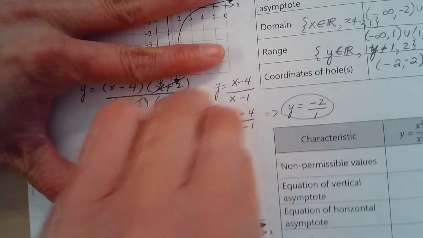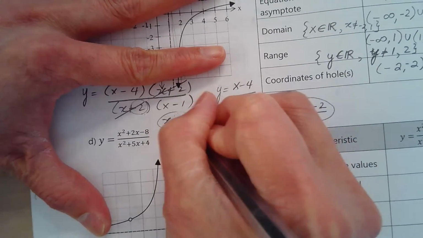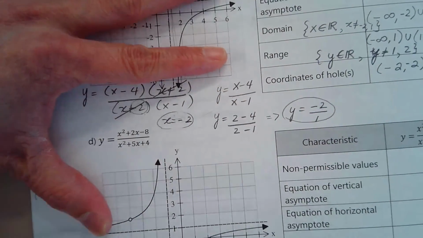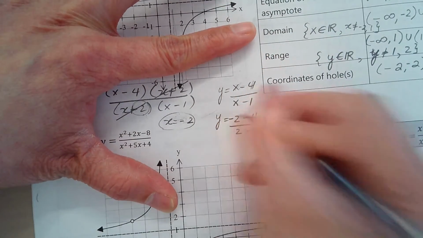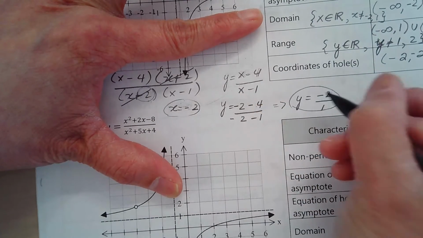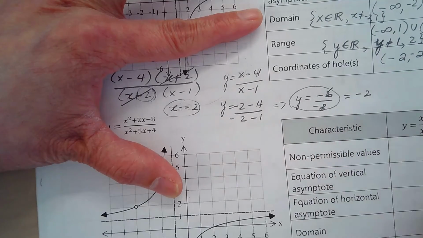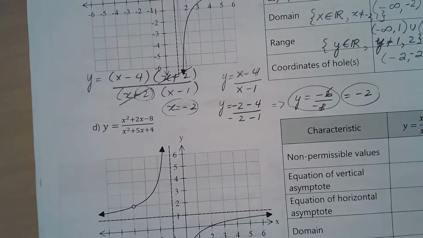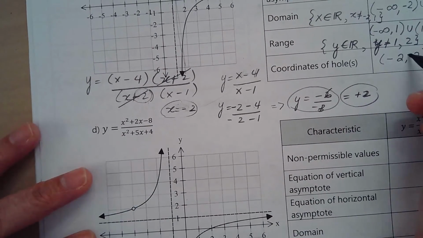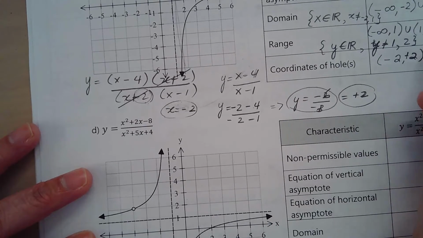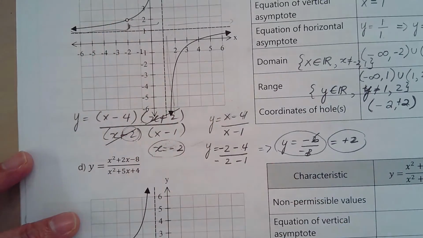This one should be minus 2. So if this is a minus 2, it's going to give us minus 6 divided by minus 3, so it's positive 2. So negative 2, positive 2.